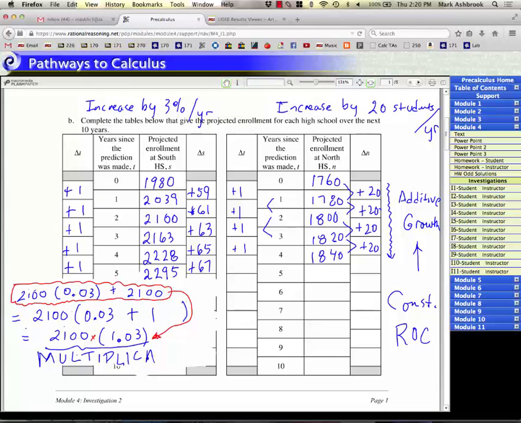This one is multiplicative growth. And multiplicative growth is what kind of growth? Exponential. So additive growth is constant rate of change. You keep adding the same value to your output to get the next output. That's constant rate of change. Multiplicative growth, you keep multiplying the old output to get the next output. We know that that is exponential growth.